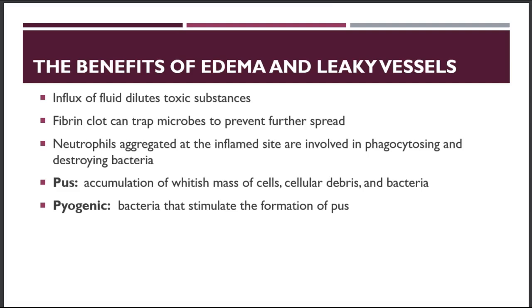Fibrin also is a component of that fluid, and that clot that is formed can trap microbes at the location and prevent them from spreading to other parts of the body. And then neutrophils aggregate in this fluid influx at the site where inflammation occurs. And neutrophils are our primary white blood cells that are going to contribute to phagocytosis and destroying those microorganisms.